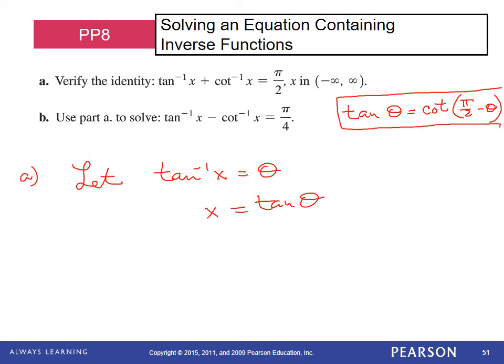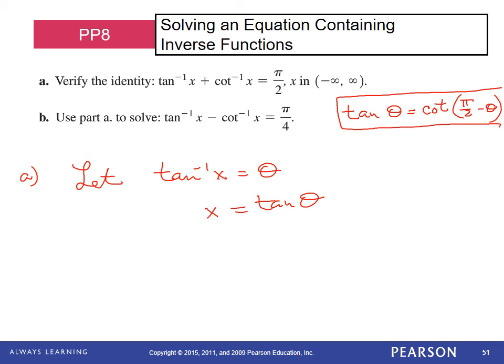No. This was one of those like, oh wow, that's kind of cool, when we're doing the graphs for tangent and cotangent. Tangent is just the reciprocal along the x-axis plus pi over 2. And so that's one of the things we should notice there.